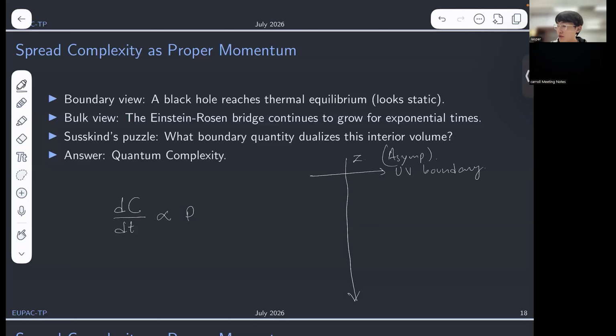So what they propose is that the rate of growth of complexity at the CFT, at the boundary, is directly proportional to the momentum of a particle falling inward in the geometry, right? So this is their conjecture.